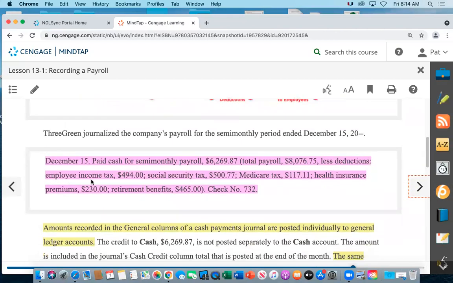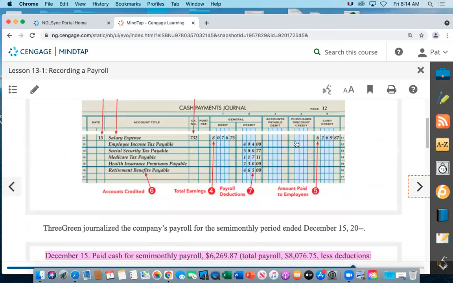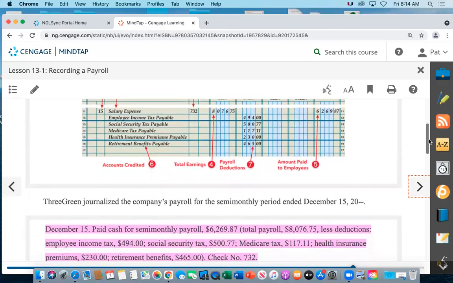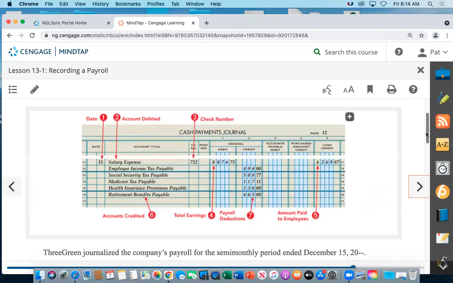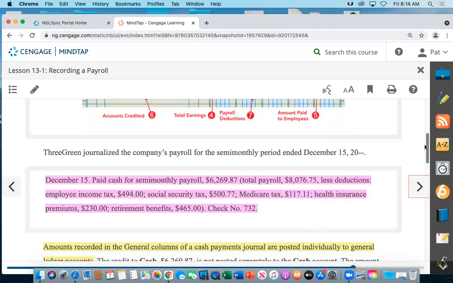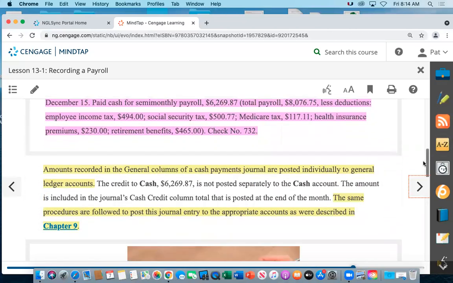And then the deductions: employee income tax, Social Security tax, Medicare, health insurance, retirement benefits. You're writing the check, so this will be in the cash payments journal. The total earnings is the salary expense debit, and then all the rest are the payables and cash. We're paying our semi-monthly payroll.